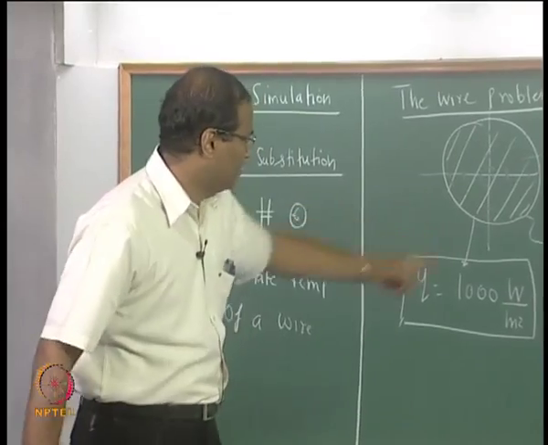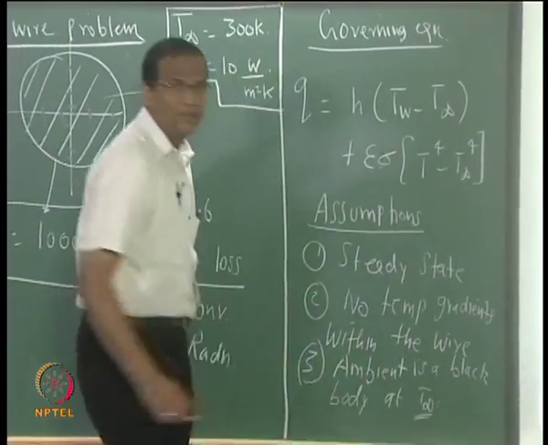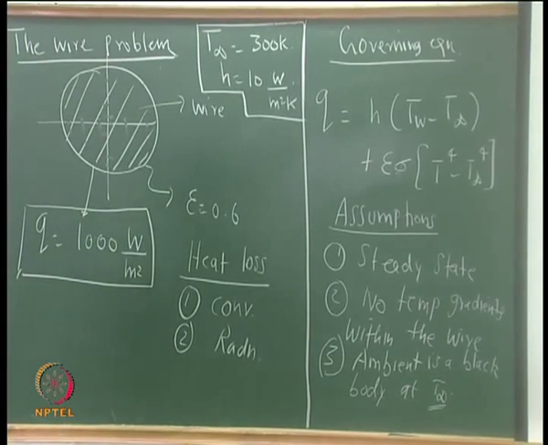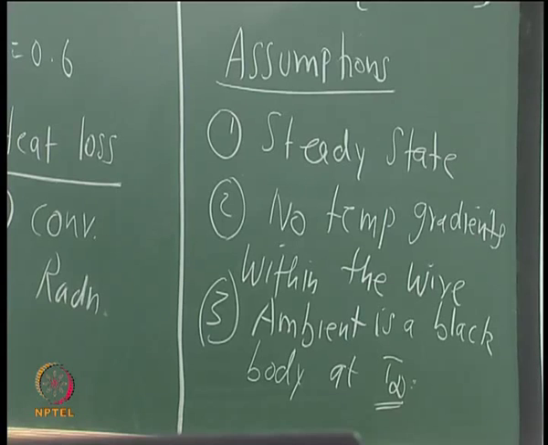Okay. So already I have written this, ambient is a black body at T infinity. Huh? You have an epsilon term. That is so, if you learned heat transfer properly, you will know why that epsilon is coming, and epsilon is only of the body.